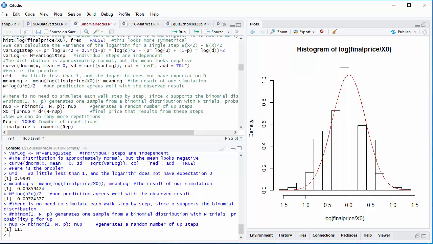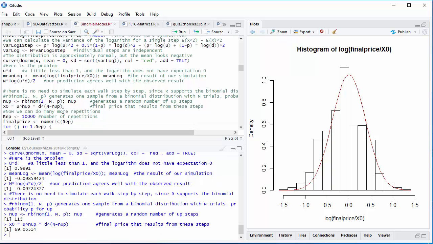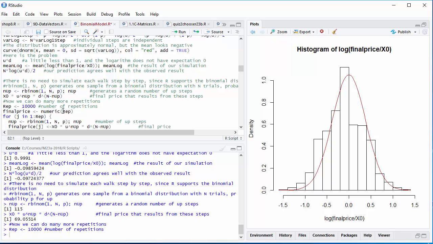And then all I have to do is take the initial price, multiply n up times by the factor u, multiply capital N minus n up times by the factor d, and I have got the effect of capital N repetitions. And now there's no problem with doing 10,000 of them.